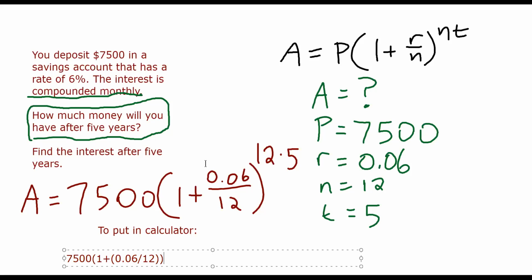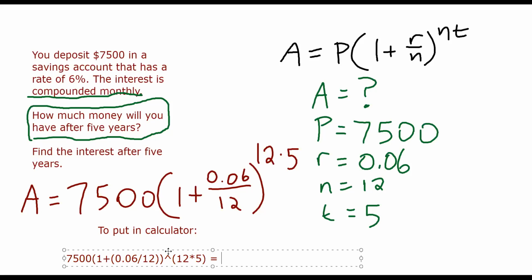You close another parentheses for this whole thing now. Now you need to raise it to an exponent. That's going to be the caret key on your calculator. And we want it to do 12 times 5 to get 60 and then raise it to the 60th power. So I'm going to put that into its own set of parentheses. So this is exactly how it will look on your calculator, parentheses and everything. Your calculator, if it's fancy enough, may actually raise it to the exponent and write it as an exponent, which is cool.